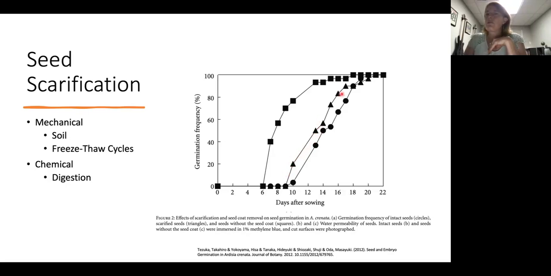And so it seems to make germination a lot faster, just to break that down. And then we have the ones where the seed coat's been completely removed. Germination happens about 6 days earlier, and we complete germination a lot faster. And so we can see how the seed coat is actually really important in maintaining dormancy.